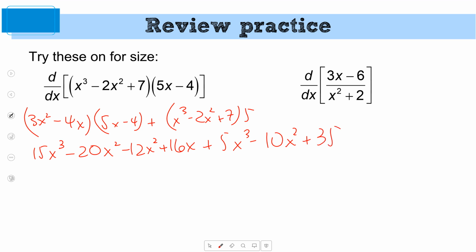Good. 20x cubed, negative 20, negative 32, negative 42x squared, plus 16x plus 35. Yeah, good?